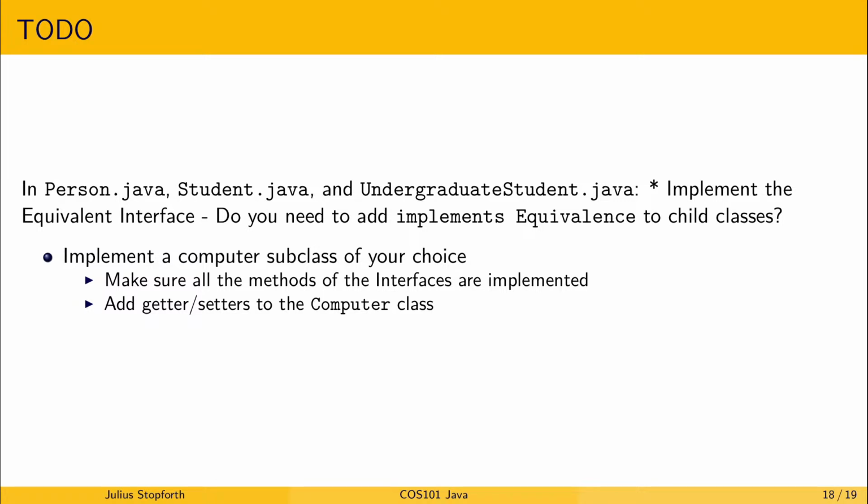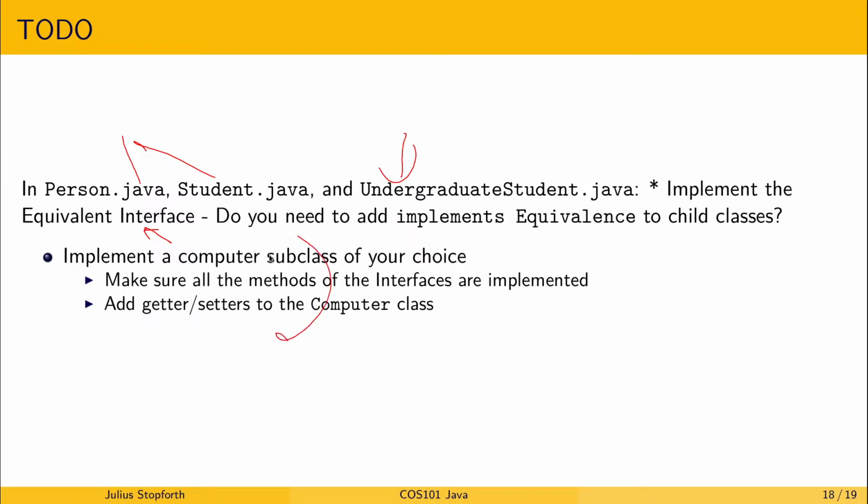To do: just have a look at the equivalent interface for objects that I'll upload. And then I'll upload the person, student and undergraduate student classes for you to look at. Implement a computer subclass of your choice. Add some methods.